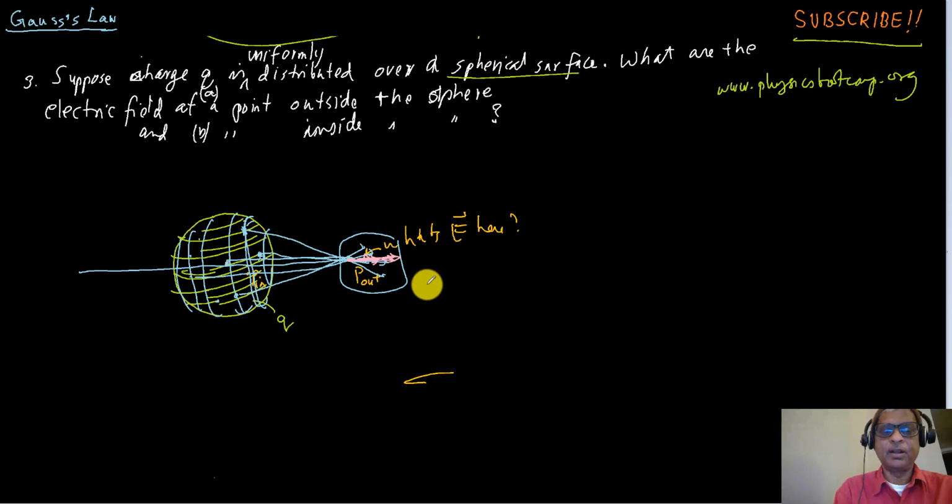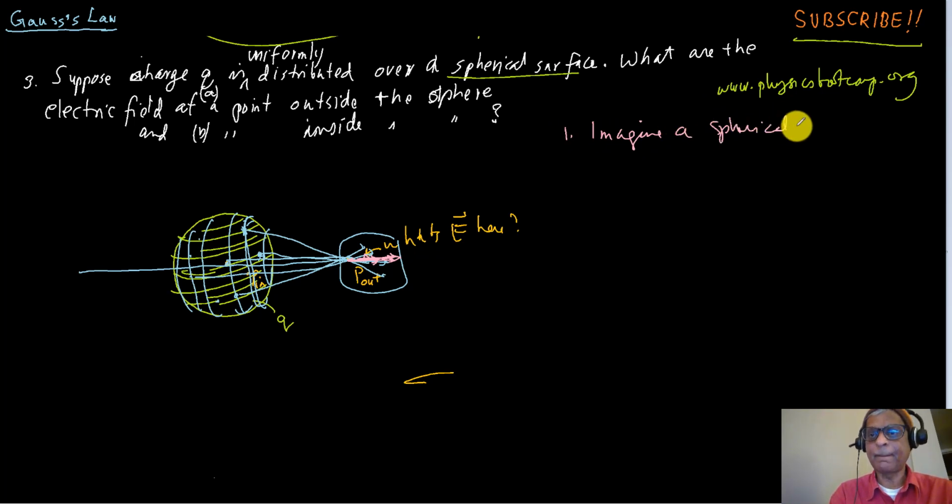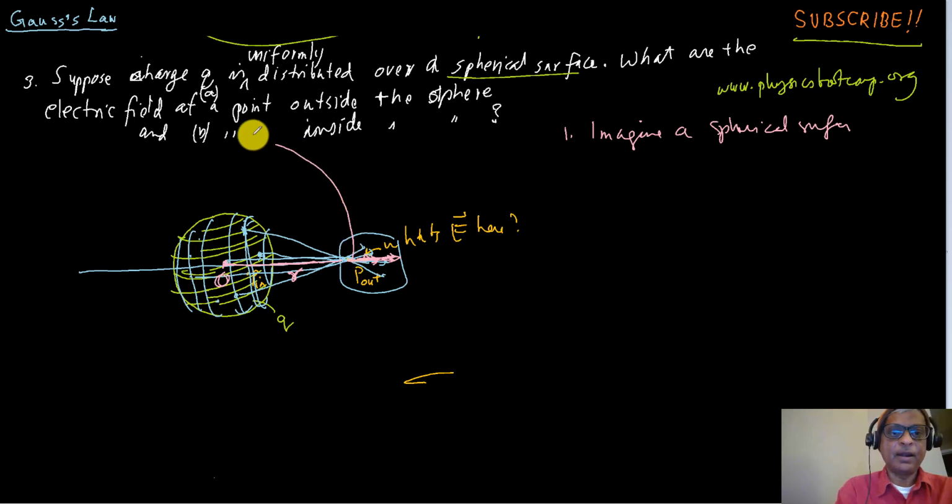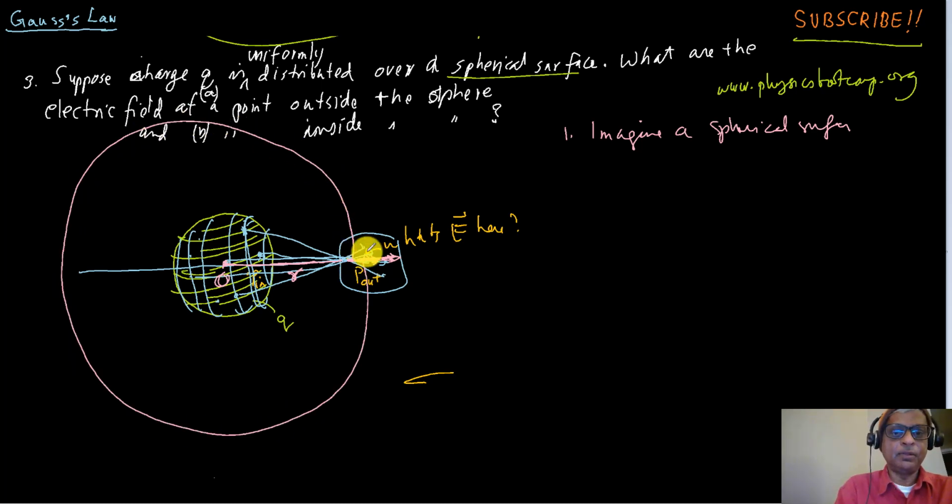Now we need to imagine a spherical surface which is at distance R from the center, from O to point P. So this is the surface.